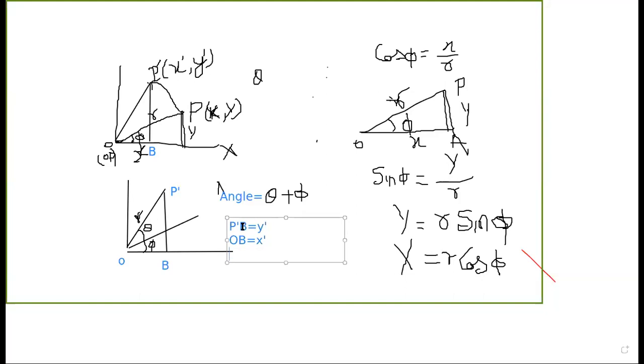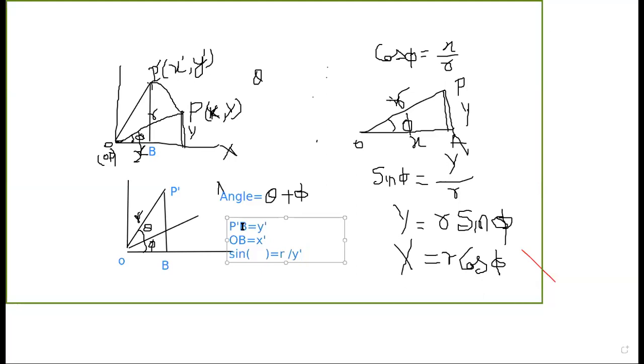Okay. Now if I say sin theta plus phi equal to what? Y dash upon R. Right, guys?